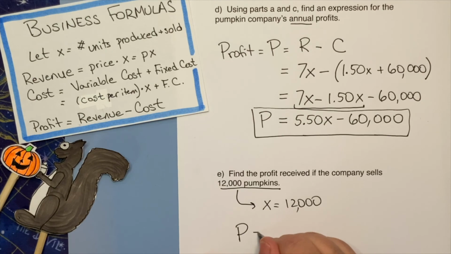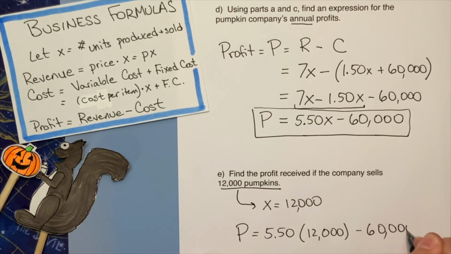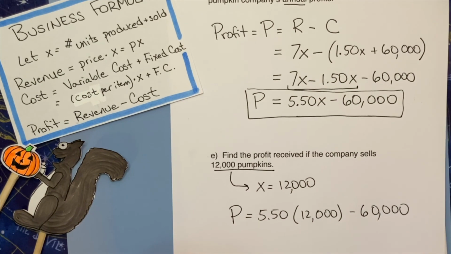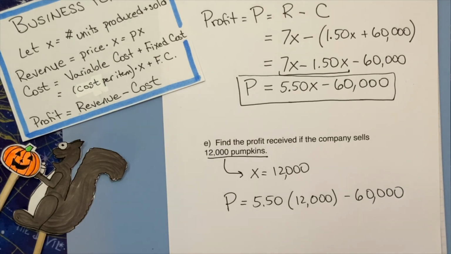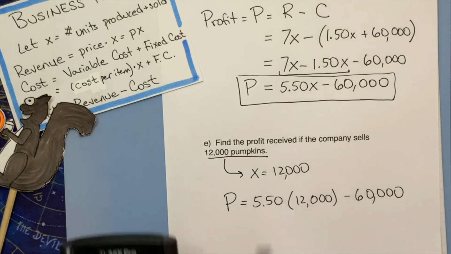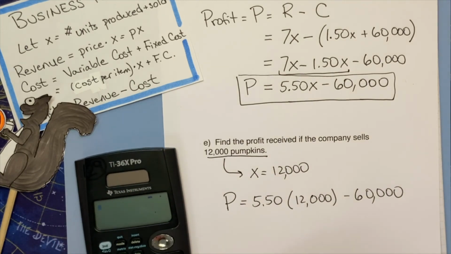The profit received is going to be 5.50 times 12,000 minus 60,000. Some of you could possibly do this one in your head. It's not that hard, but just because this is getting recorded, I'm going to go ahead and use my calculator.